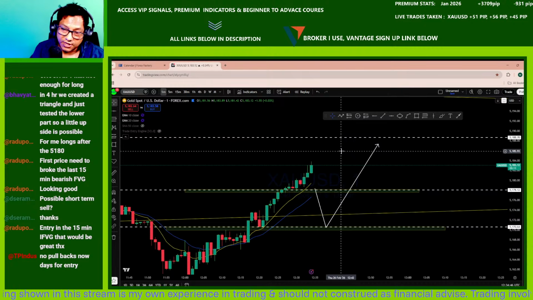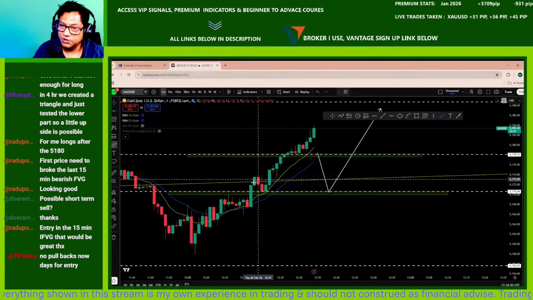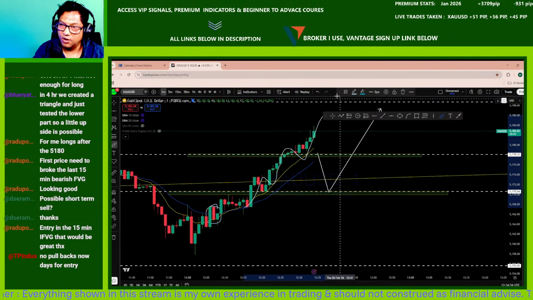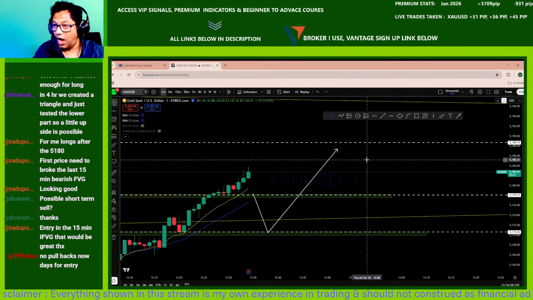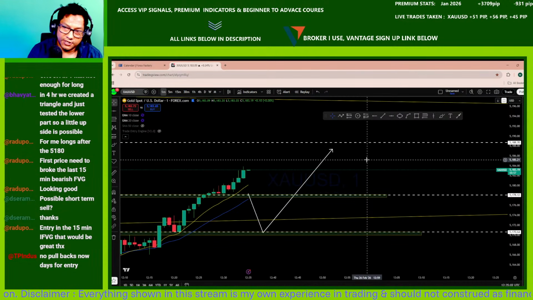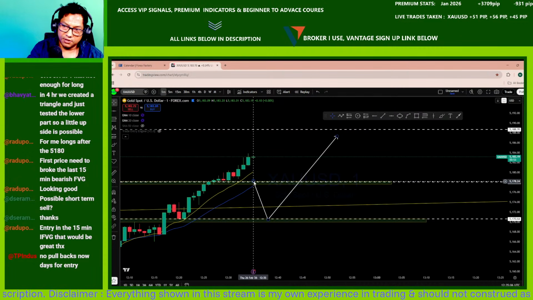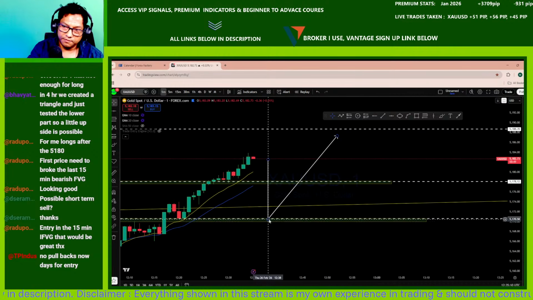The trend that you can see of this inverted head and shoulder that formed here, since then it is maintaining a strong uptrending market structure, and with that uptrend here, the market may create a bigger move in that area.